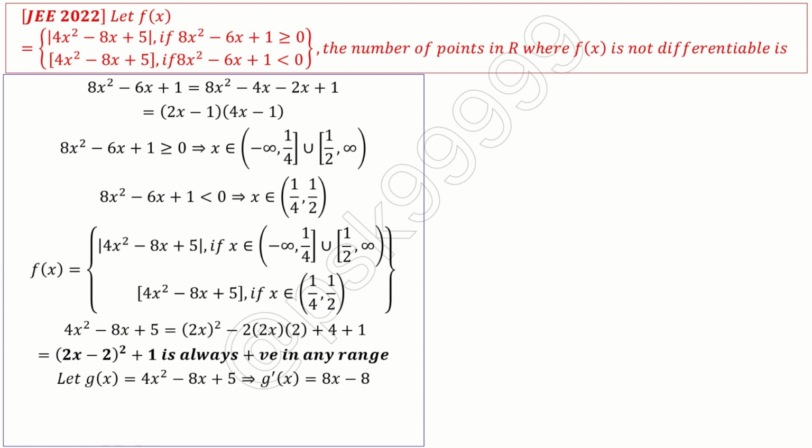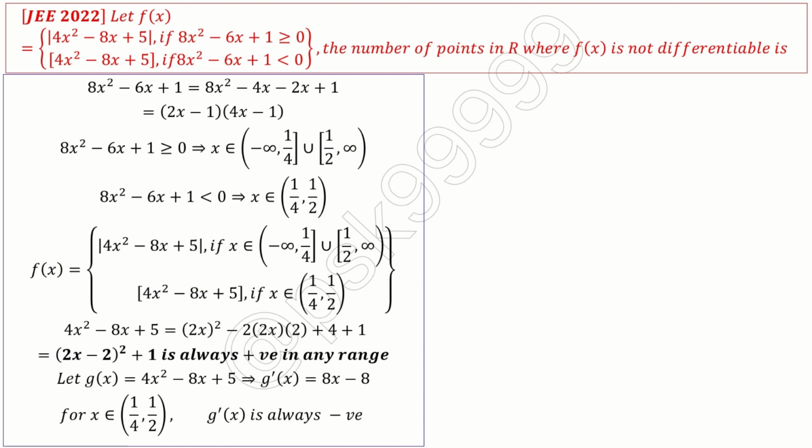Next thing, let's take g of x as this value. Now let's find out whether it is an increasing function or decreasing function. That will give us some information for the step function, or GIF function. So this is my g of x. My g dash x is nothing but 8x minus 8. Now in the range 1 by 4 comma 1 by 2, g dash x is always negative.